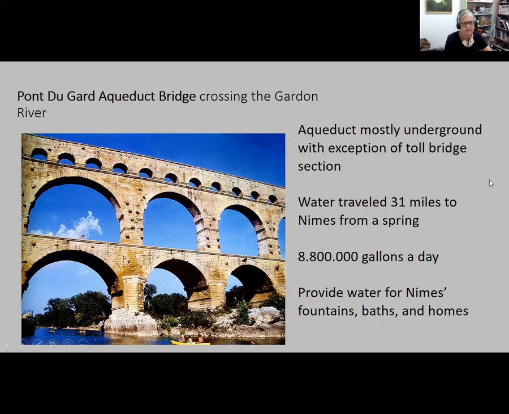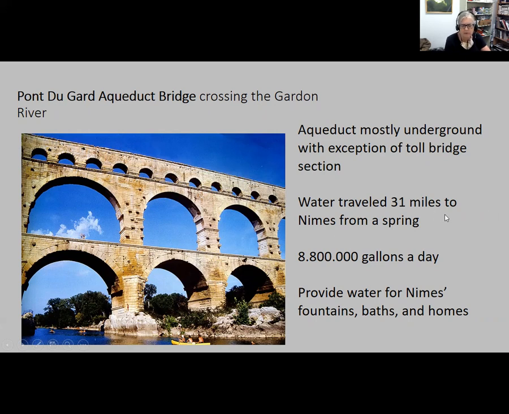What it did was transport water from one place that had water to another place that didn't have water. So there's a little town named Nimes, and Nimes didn't have a natural water source. So they would build these aqueducts, and they always had to be built at an angle so the water would flow down them.